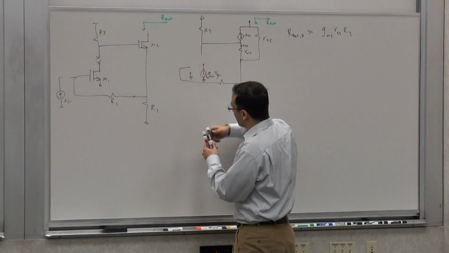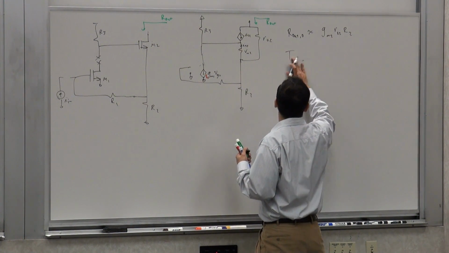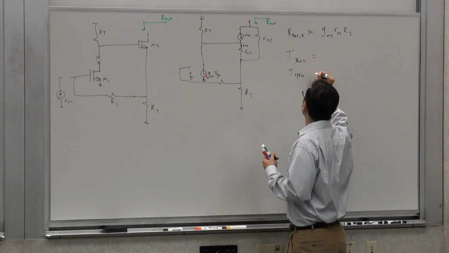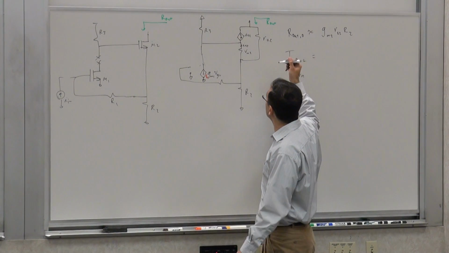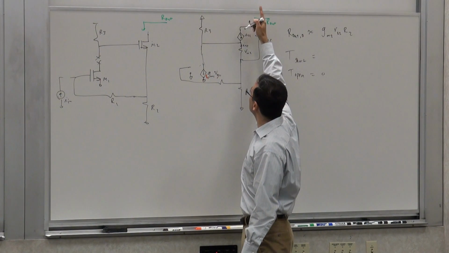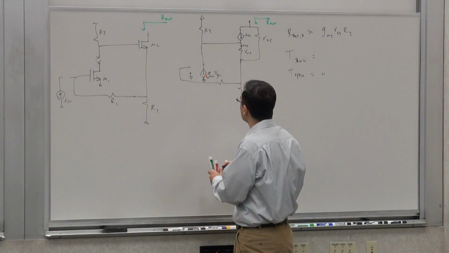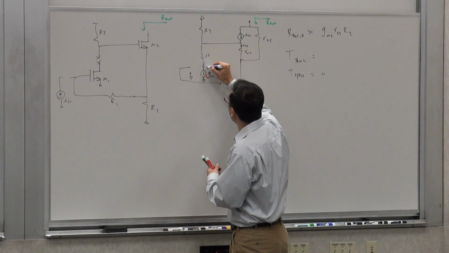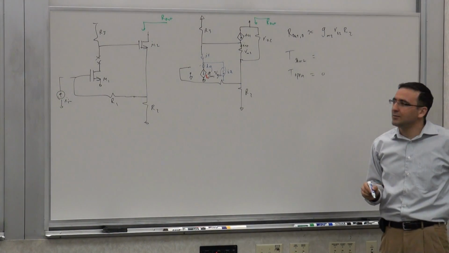Now, we have to calculate two different things: T open and T short. Let's do T open first. When I leave this open, I want to see what is the return ratio of the same source. So I take this source and put an IY here, so this is IX, this is IY, this is IZ. I want to see how much comes back. Now think about this.